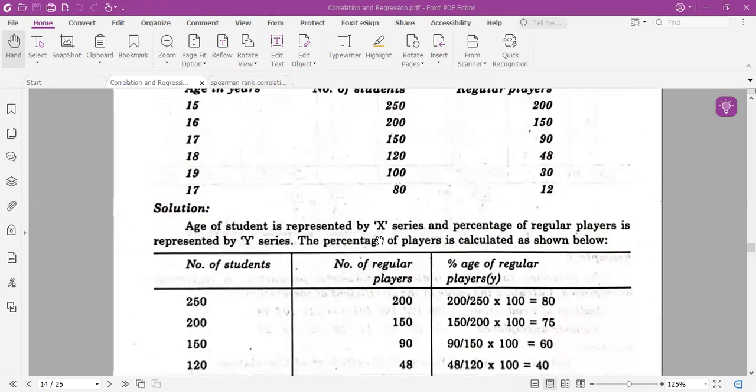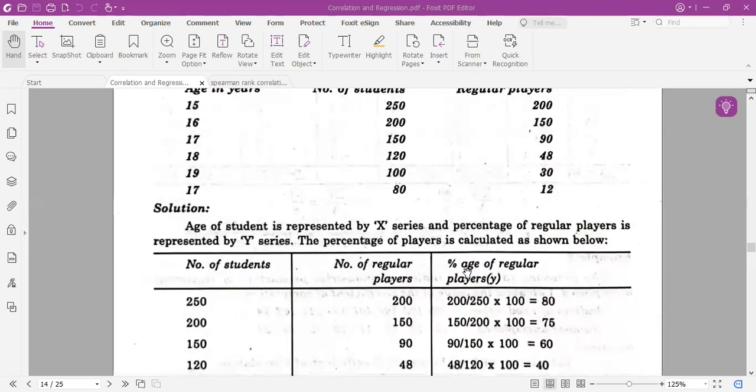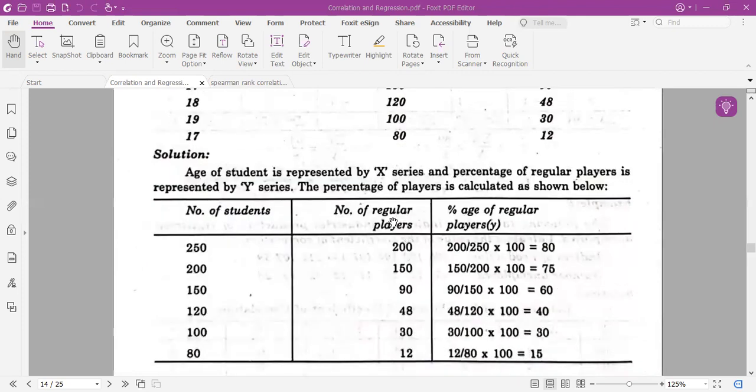The age of the student is represented as X here, and the percentage of regular players is taken as Y. That means how many players are actually playing out of the given students. So that percentage you have to calculate. The number of players is given here, the number of students is given here. Now the actual percentage of the regular players you have to calculate.